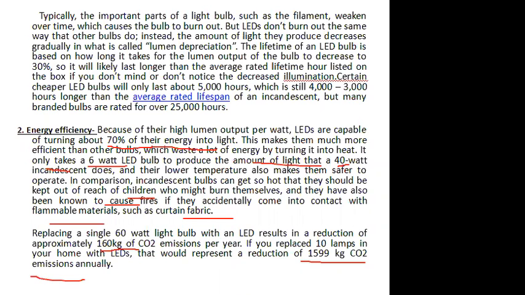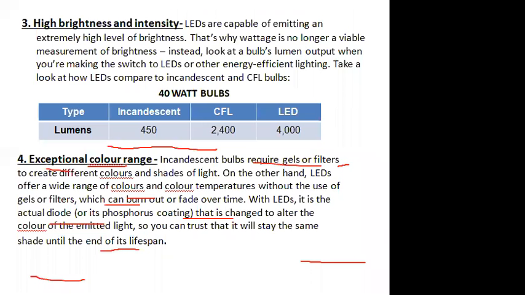Okay. So now the high brightness and intensity. LEDs are capable of emitting an extremely high level of brightness. That's why wattage is no longer a viable measurement of brightness. Instead, look at a bulb's lumen output when you are making the switch to LEDs or other energy efficient lighting.